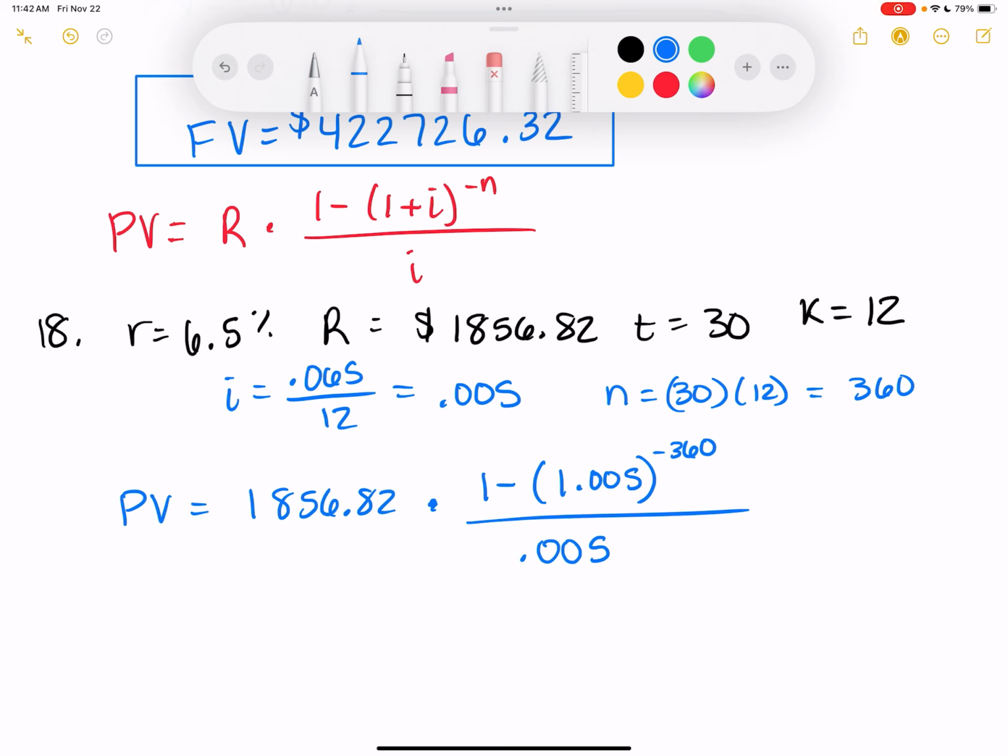So typing this one in, again, you need to be careful with the way you type it in, work piece by piece. Especially be careful here. You may want to do a double parentheses if you're typing this in without the fraction bars. So 1 minus, do parentheses, then do another one, 1.005 raised to the negative 360, and then close it so that it gets exactly what you're trying to get it to give you the value of.